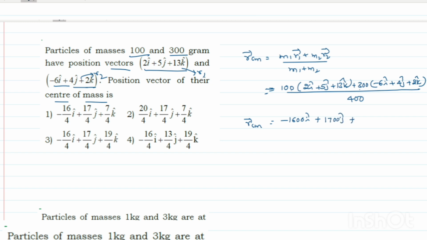Then for k cap, 100 into 13 is 1300 plus 600, together 1900 k cap, by 400. Eliminating two zeros from numerator and denominator, the position vector of the center of mass will be minus 16 by 4 into i cap plus 17 by 4 into j cap plus 19 by 4 into k cap.